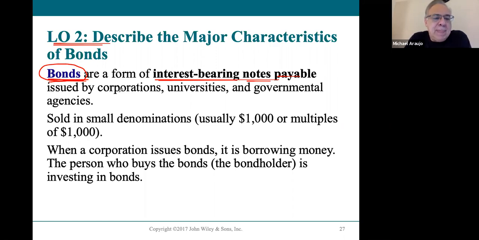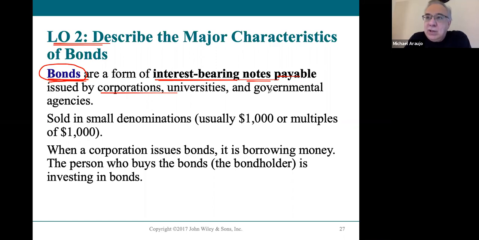We're going to focus on corporations, but the bond market is huge. Government agencies borrow money, and the federal government is a really large player in the bond market, but so are all the state and local governments as well. Dutchess County has bonds. They went through the same process in the bond market.